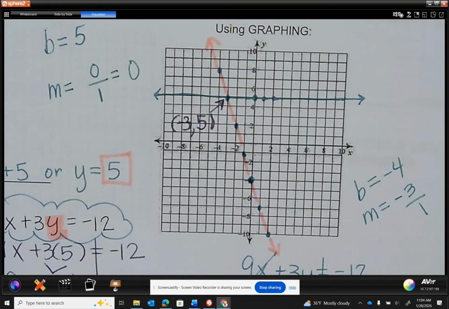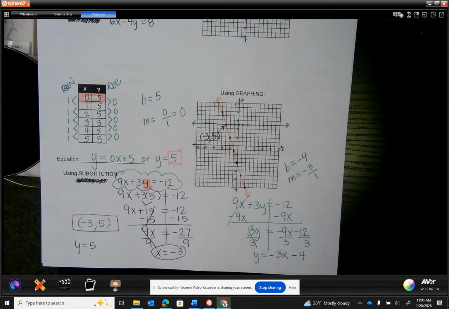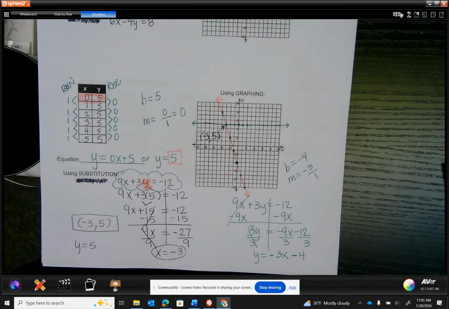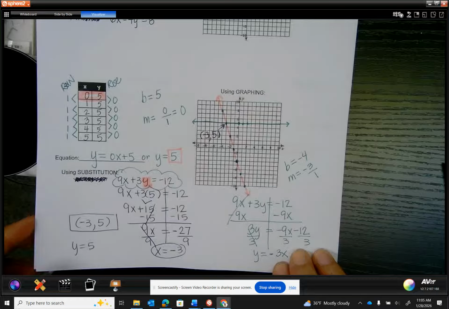Okay, once you have that, go ahead and flip to the back side. There's some corrections that we need to make on number 4. So this one was an example when they give us a table. Number 4 is an example when they give us a line already on the graph.